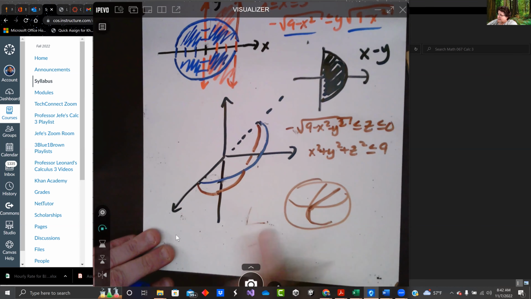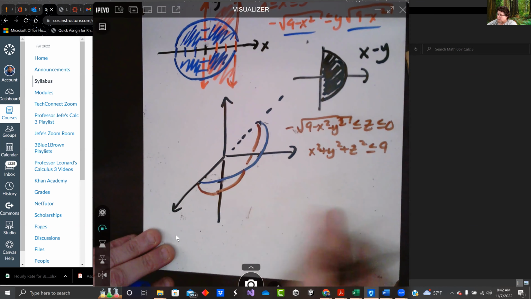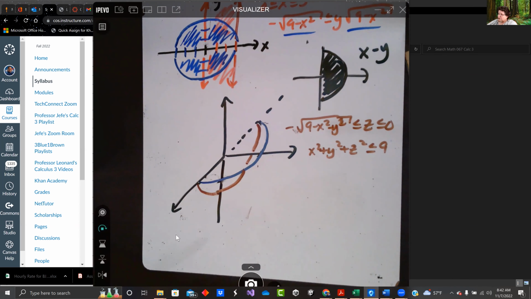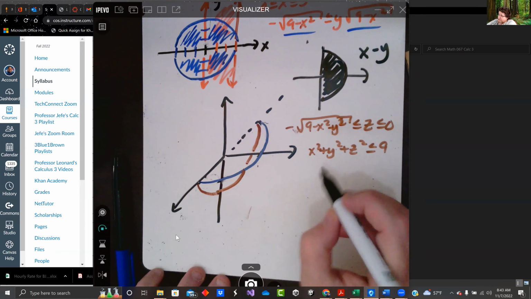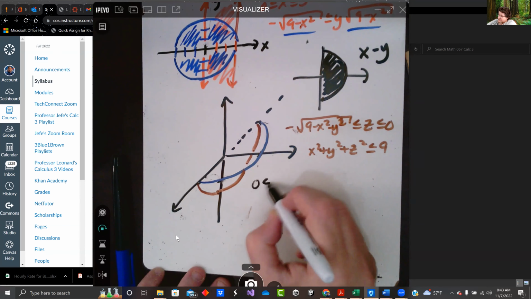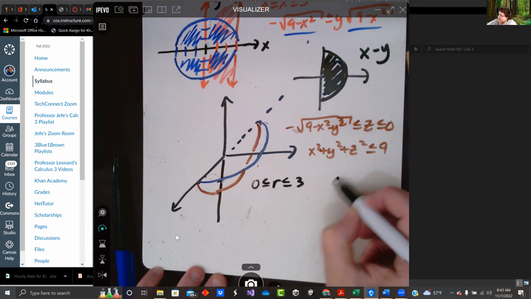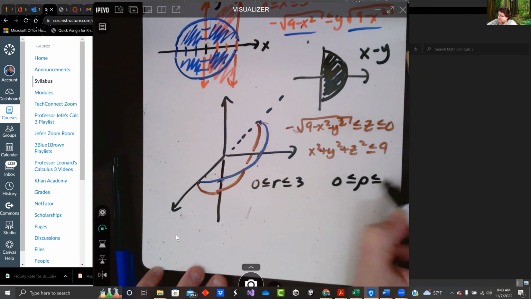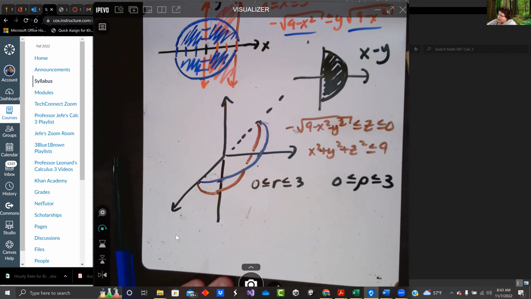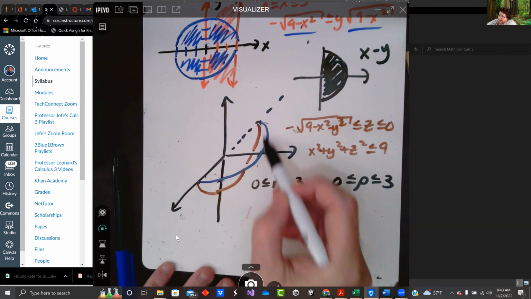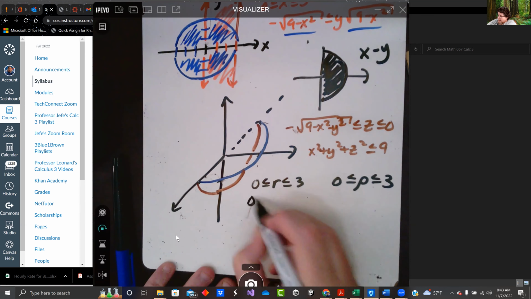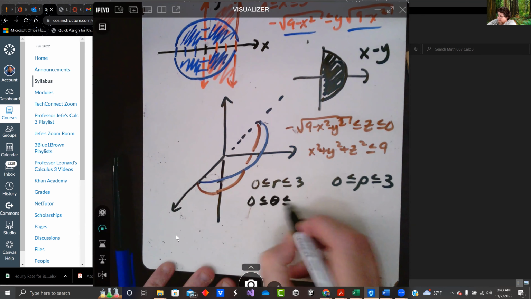So what does that mean in spherical? In spherical, my radius is going to 3 on all of those. So in both cylindrical and spherical, we've got 0 < r < 3 and 0 < rho < 3. On theta, I'm only going from 0 to pi, and that matches up along both.